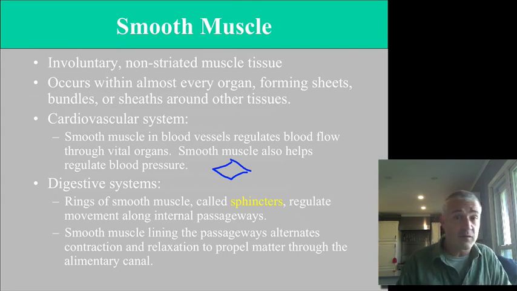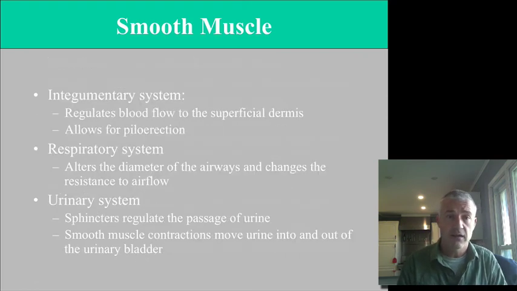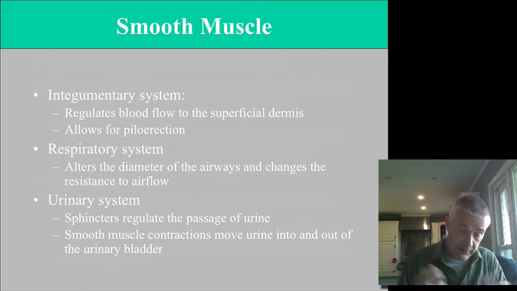Again, we find smooth muscle throughout the body. It's involuntary. It's in blood vessels, in the cardiovascular system. It makes the sphincters and a lot of the tubing of the digestive tract. We find it in the skin for blood vessels as well as the erector pili muscles.